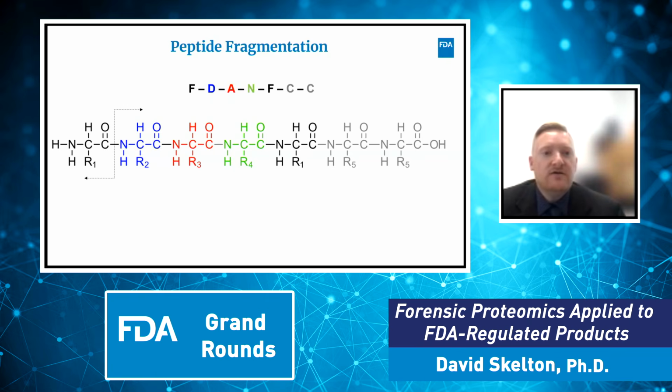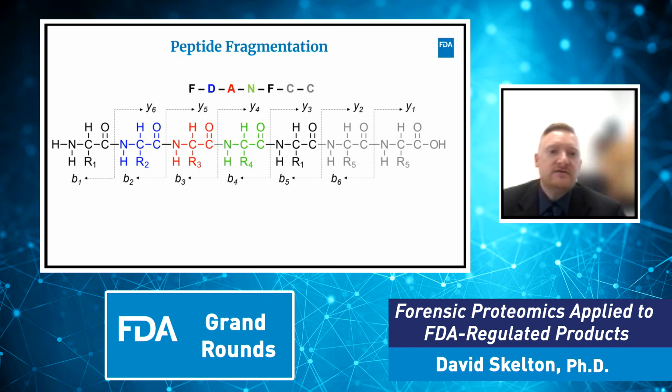They will fragment along the amide bond of all the adjacent amino acids. Each time one of these amide bonds is broken, 2 fragments are generated: the fragment that has the N-terminus amino acid, known as the B ions, and a fragment that contains the C-terminus amino acid, known as the Y ions.